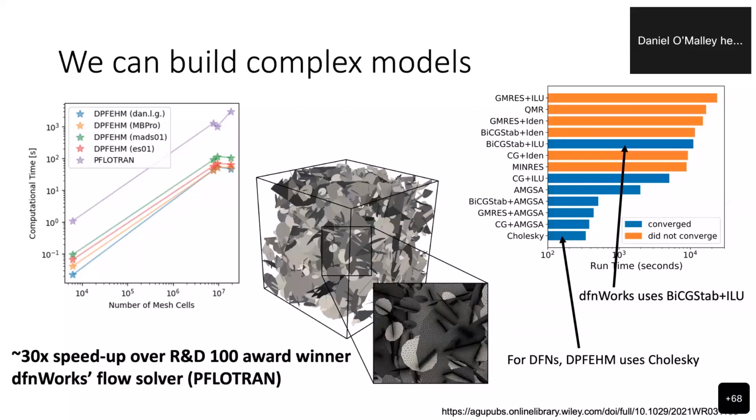In reality, it's just that we were able to explore the space of solvers better. The method they were using in DFN works was the stabilized biconjugate gradient method with an ILU preconditioner. We found better methods, and the best was Cholesky factorization. If you're interested in the details, the reference is down at the bottom.